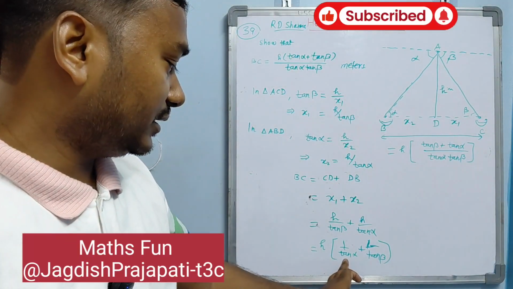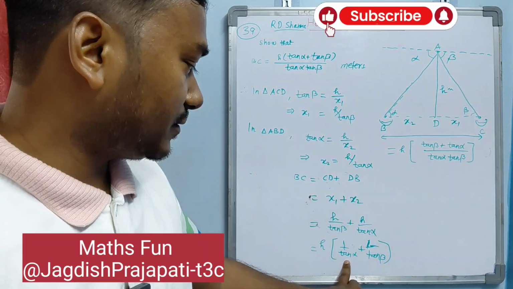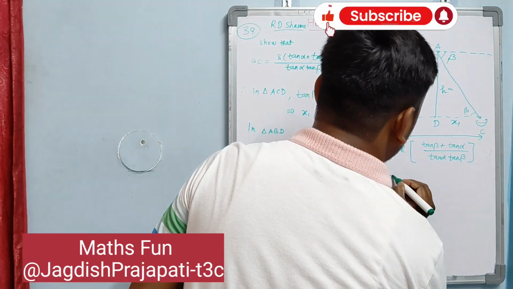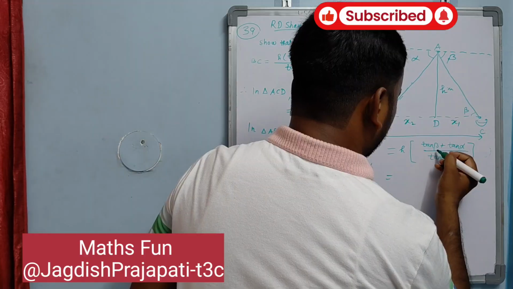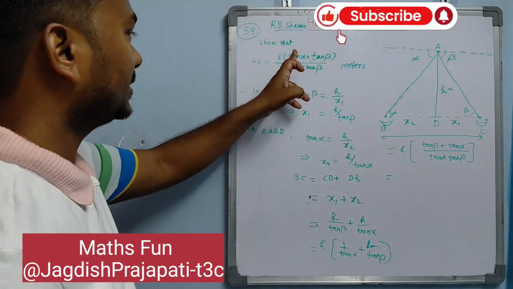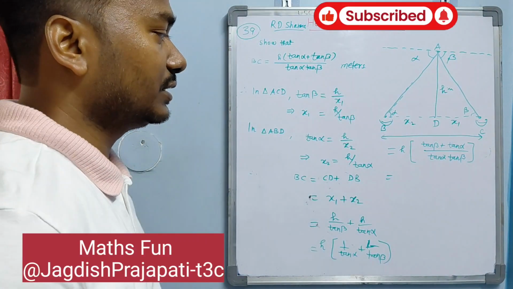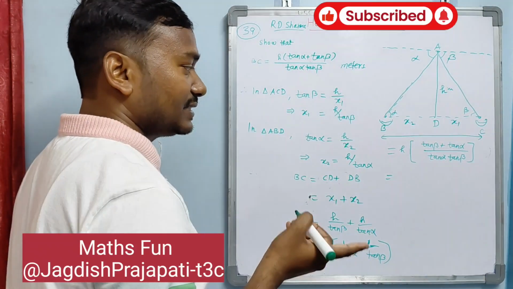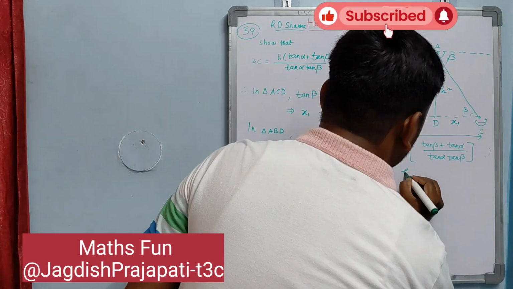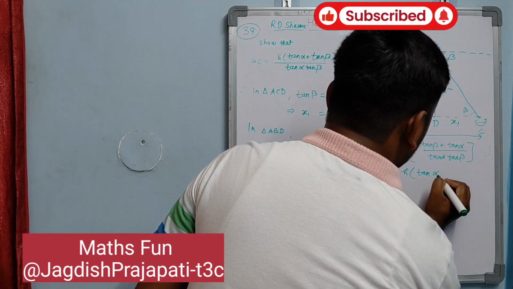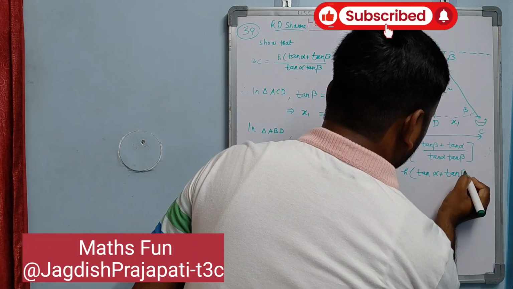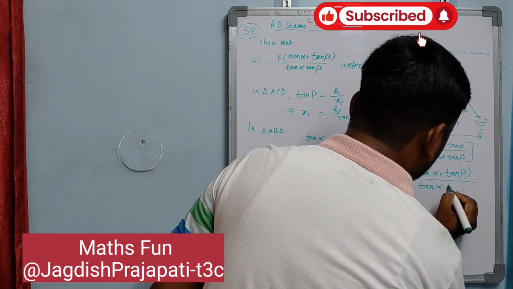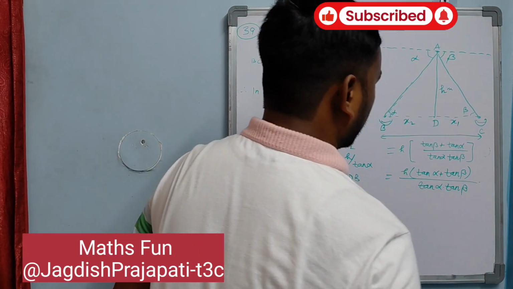Treat these as fraction 1 and fraction 2 and then solve; you know how to solve. You can write in the order tan alpha plus tan beta, because it is with a positive sign, so there will not be any change. So h into tan alpha plus tan beta, and in the denominator there is tan alpha into tan beta. Hence proved.